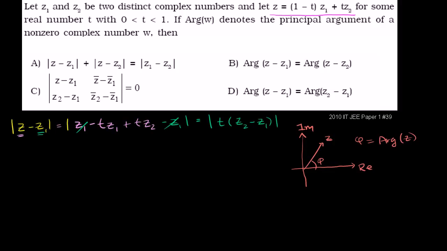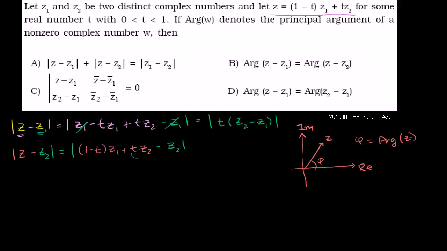Let's figure out the magnitude of z minus z2. z is just this thing up here, so it is (1 minus t) times z1 plus t times z2. That's z, and from that we want to subtract z2. What can we do over here?